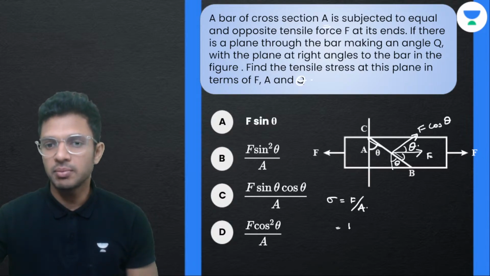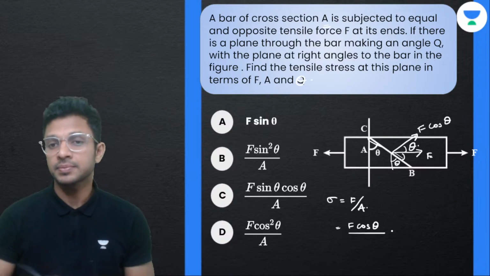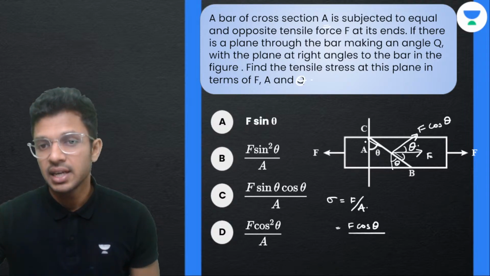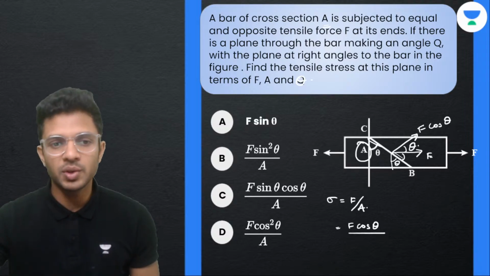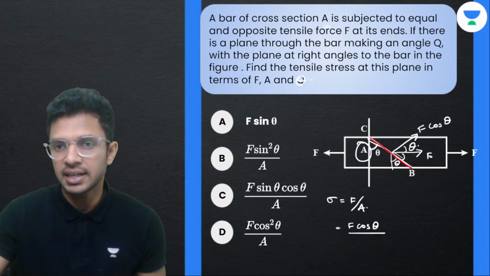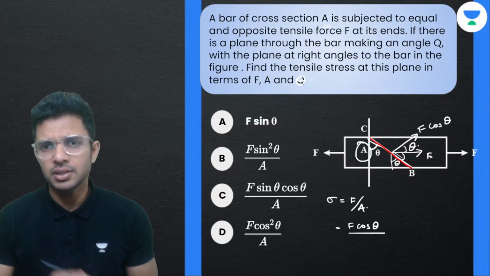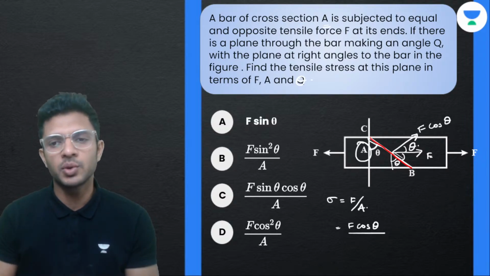So sigma is equal to F, the force acting perpendicular to the plane, F cos theta, divided by the area over which it acts. This is the area which we wanted. We'll mark it with red color right now. Can you see that red colored area? It is that particular area which we want to find because we are calculating the stress acting over it.